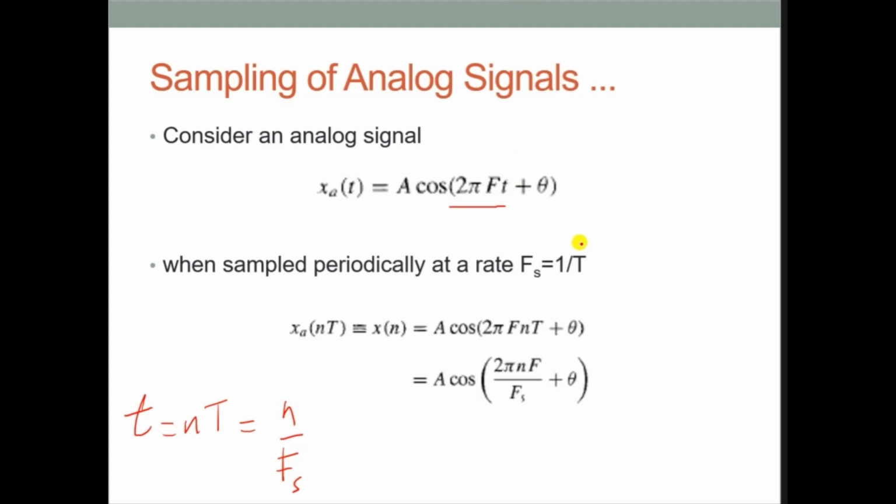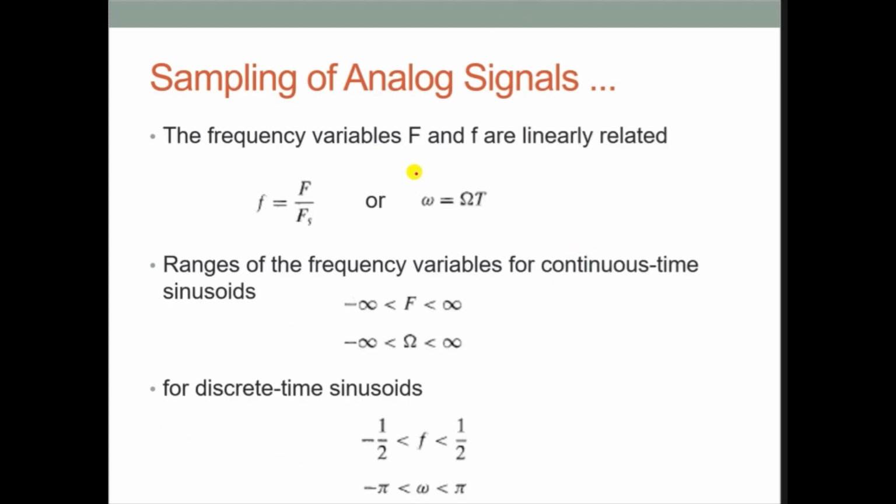Now, if you look closely, the frequency variables capital F and small f are linearly related. So small f is F over Fs.